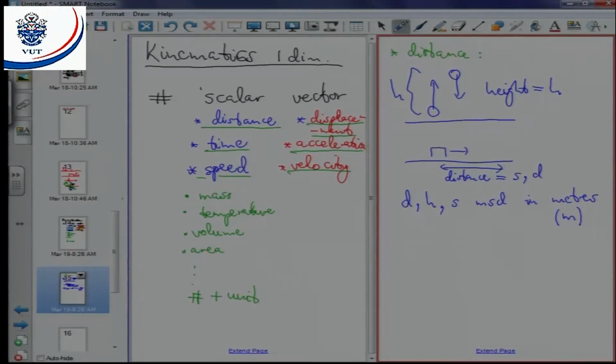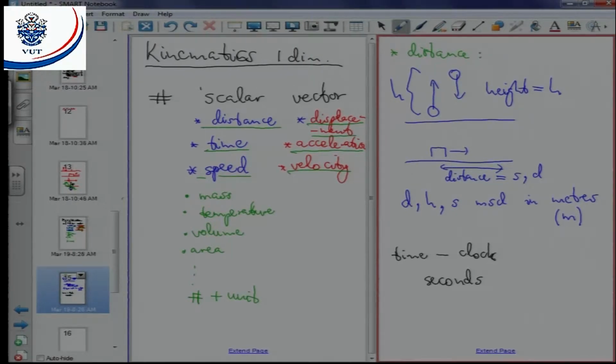And then the formula, well, before we speak of the formula, we also have time. Time is normally measured by a clock or an equivalent, and we measure time in seconds, so that's the SI unit.